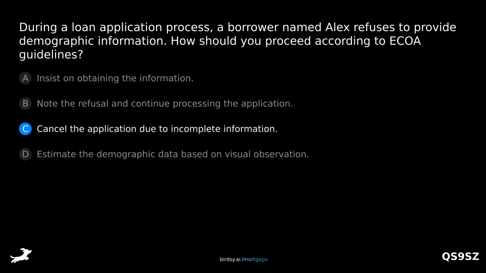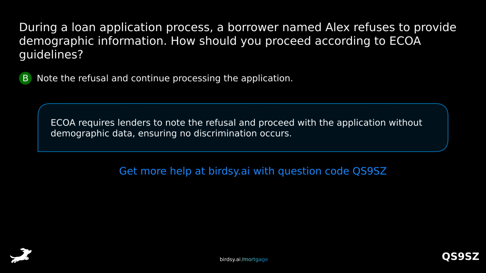C, cancel the application due to incomplete information? Or D, estimate the demographic data based on visual observation? The answer is B, note the refusal and continue processing the application. ECOA requires lenders to note the refusal and proceed with the application without demographic data, ensuring no discrimination occurs.